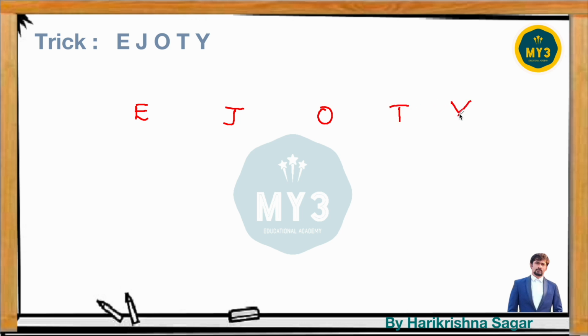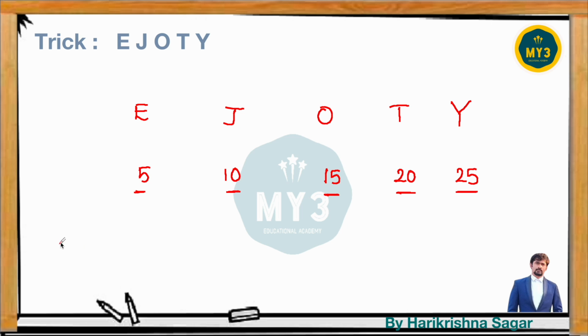EJOTY indicates the multiples of 5: E is 5, J is 10, O is 15, T is 20, Y is 25. If you remember at least these five, you can connect them with the other alphabets to get the position.